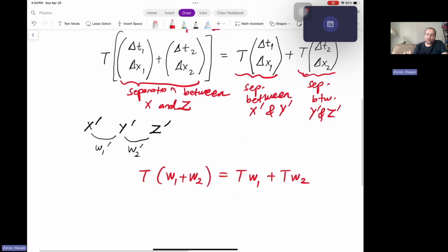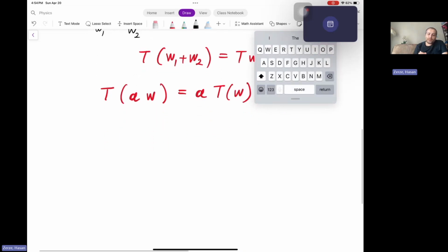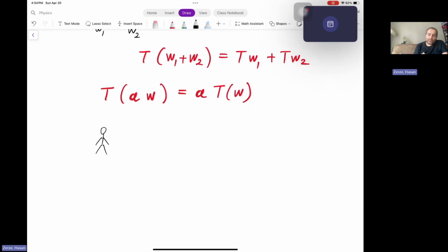The second thing that needs to be proven is the following. A multiple of a vector W transformed must be the same as multiplying the transformation of W. Let's show that this is also the case for the Lorentz transformation. Say in the framework of A, you have two events, x and y, separated with delta t, delta x, and note that W is the vector delta t, delta x.